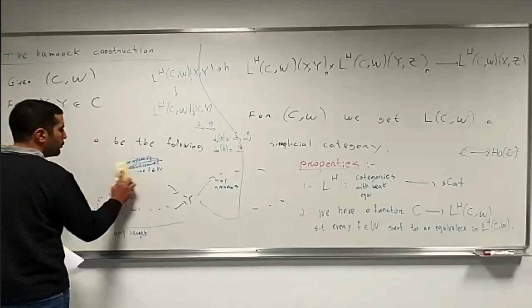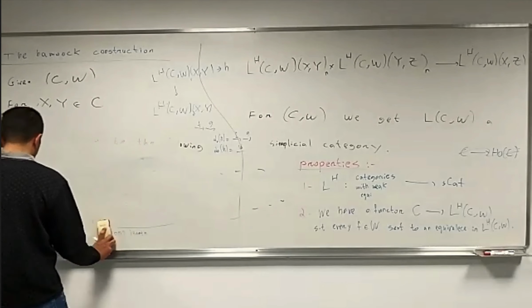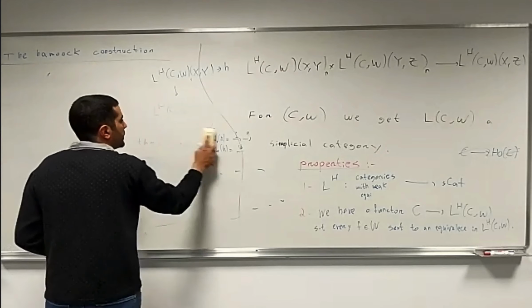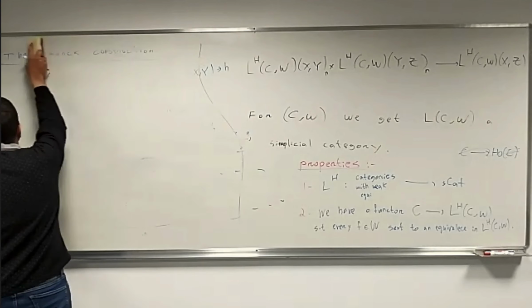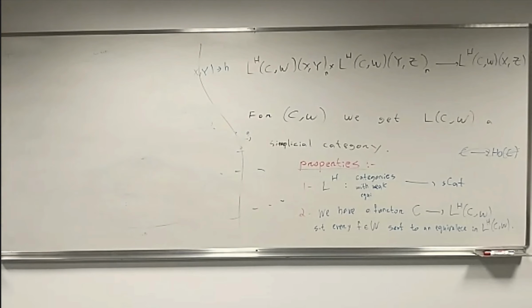Now let's move to simplicial model categories, because there is an important result that Dwyer-Kan have in the last paper of this three. But we need to define what a simplicial model category is before this.